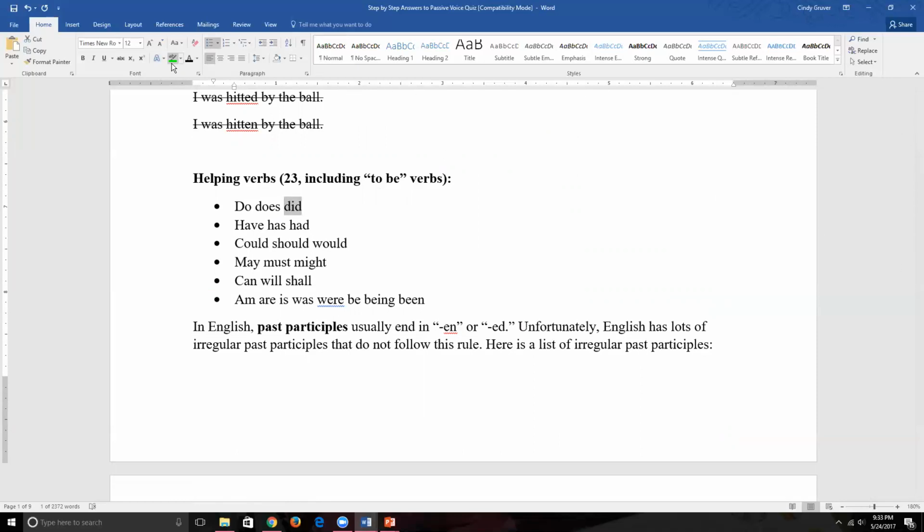Green for past tense. Had will be past tense. And then will and shall will be future tense. Do, does will be present tense. Have, has will be present tense. Just put all these together.